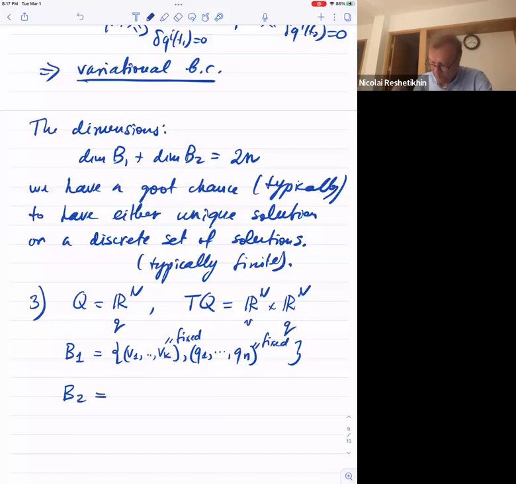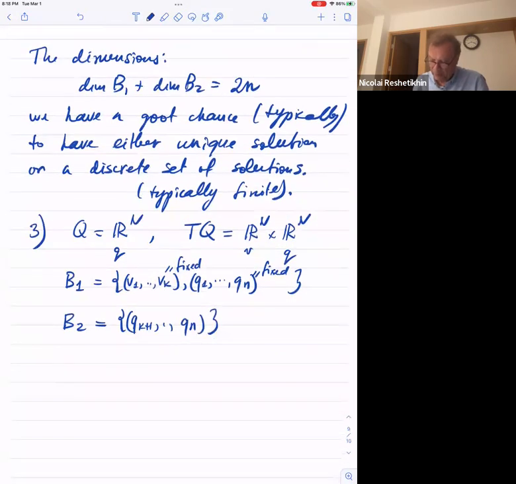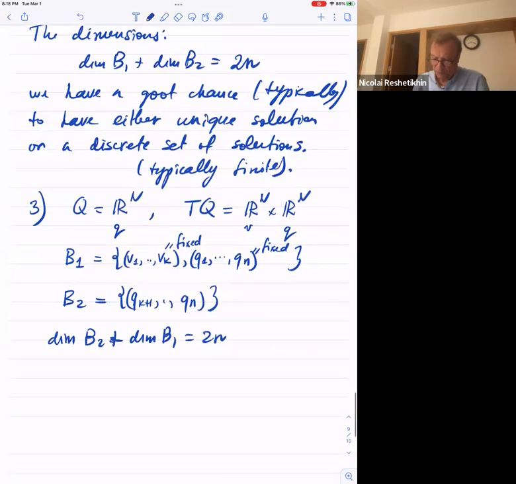And if you want to have solutions to equations of motion, you should fix at B2 coordinates qk plus 1 through qn, for example. So then the dimension of these two plus the dimension of B1 is 2n. So you have local trajectories.